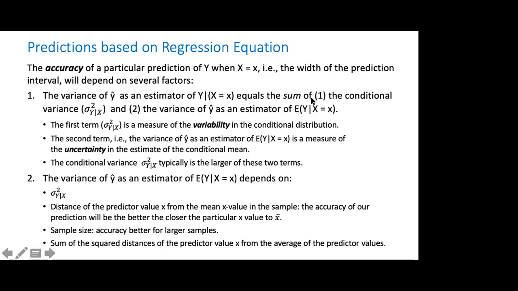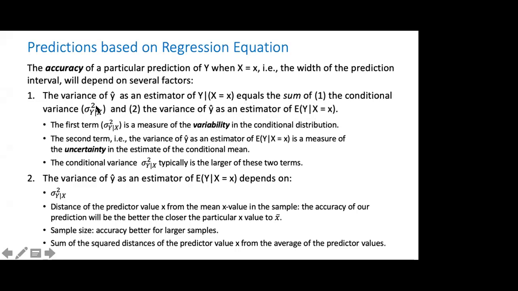And this variance equals the sum of the conditional variance, so the variability we have for the outcome variable given that our predictor has a certain value, and the variance of y hat as an estimator of the mean of this distribution.